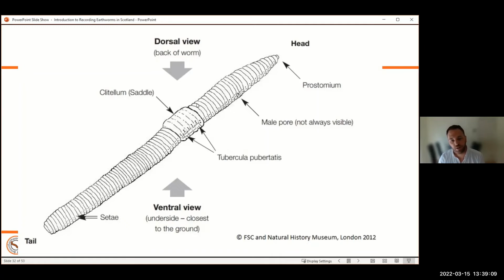Then you've got the saddle, which has a feature on it called the tuberculata pubertatis, or the TP. And then you've also got these dots running along. These are little tiny hairs called setae, and we look at how closely they are paired. So earthworms have a back and an underside, and whatever we've got on one side is repeated on the other.